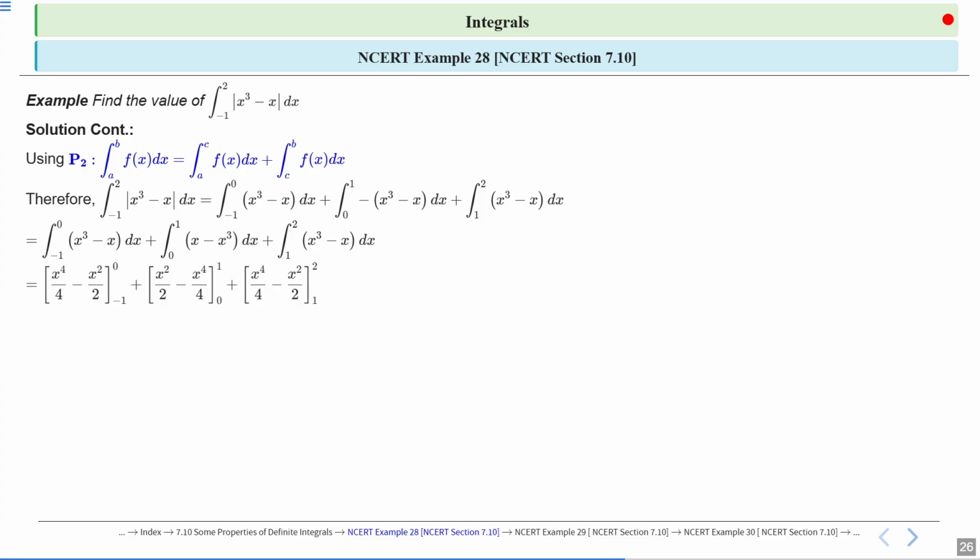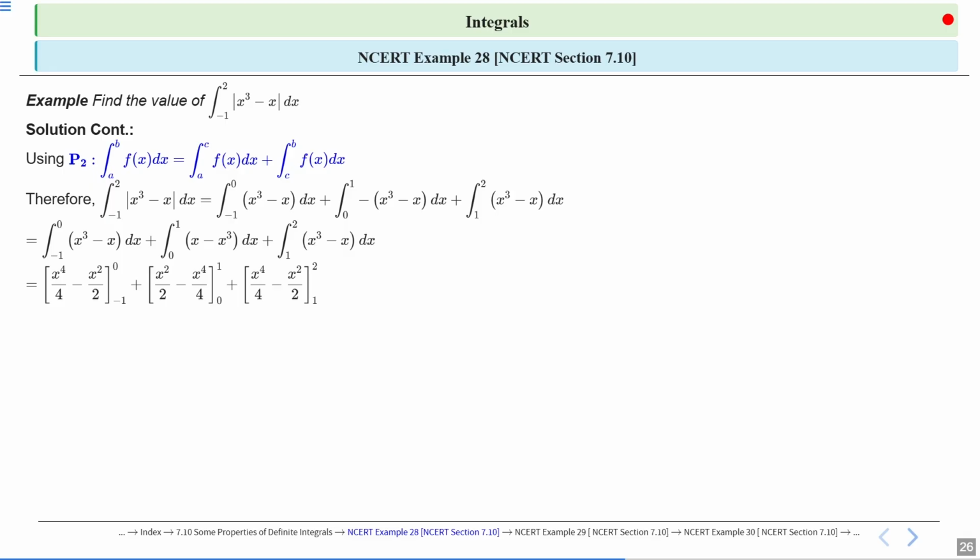So we apply the standard integral property, that is, integration of x^n is x^(n+1) by n+1. When we apply this property, the integration of x cube is x^4 by 4, and integration of x is x square by 2, so we get minus x square by 2. Till now we just did an indefinite integral.